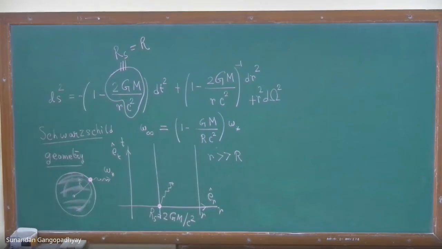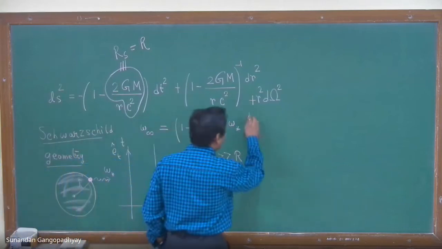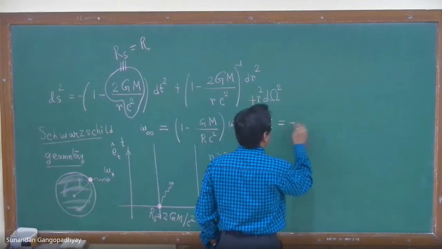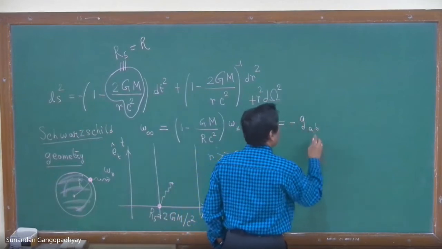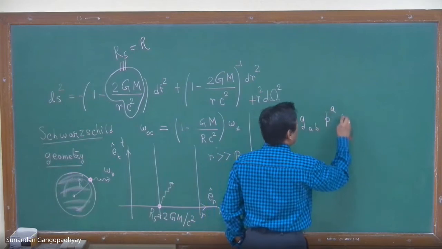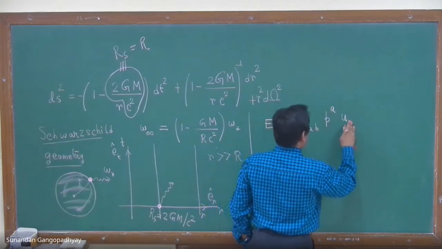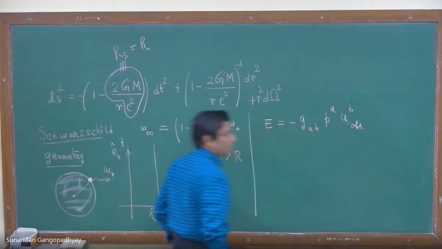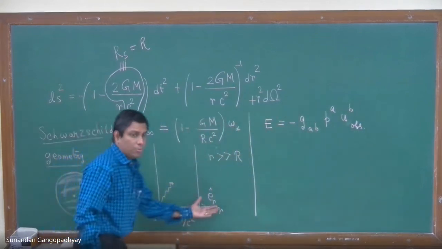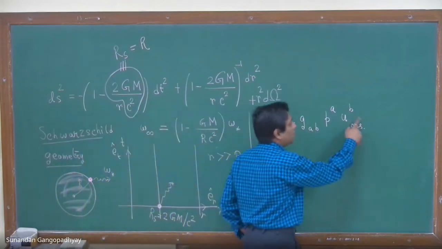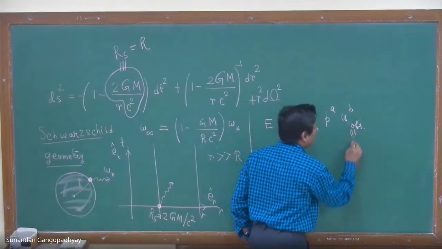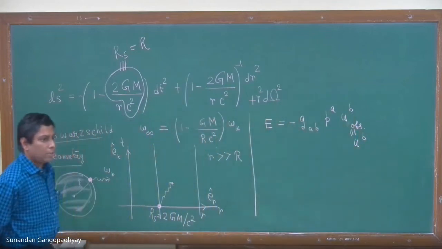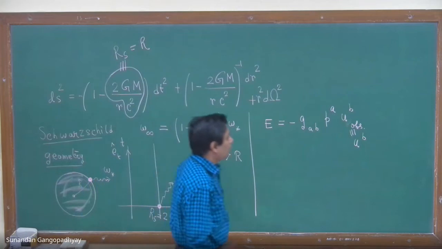Let us see. I mentioned to you the energy in general relativity. And these are all stationary observers. For convenience, I will call this U_B, my notation for the four velocity of the observer.